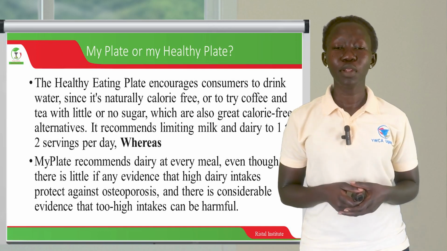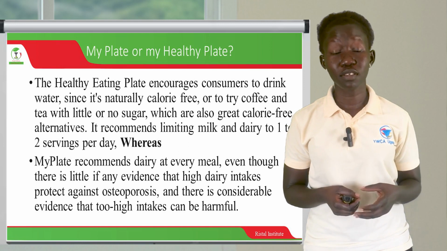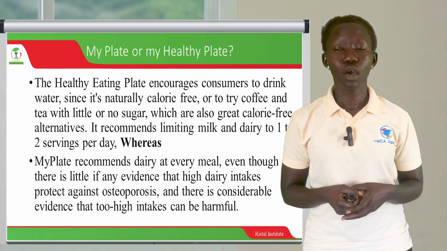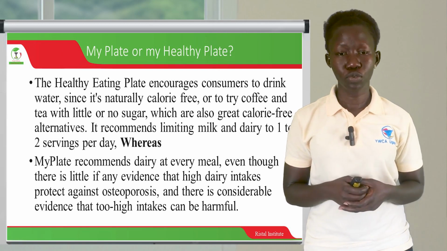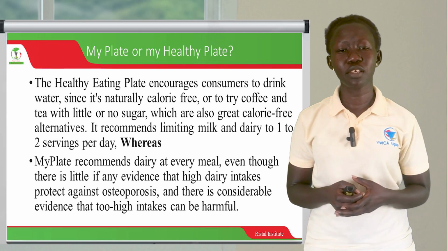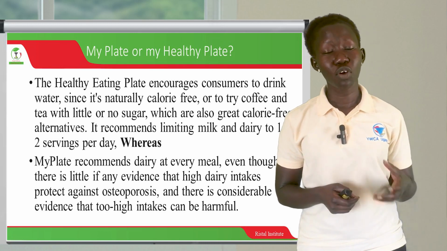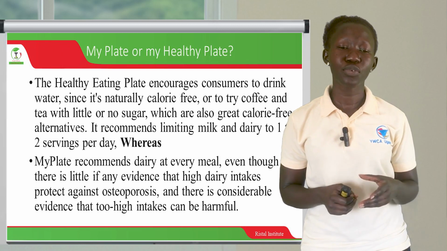The Healthy Eating Plate also encourages consumers to drink water since it's naturally calorie-free, or to try coffee and tea with little or no sugar. This is also a great calorie-free alternative, and it goes ahead to recommend limiting milk and dairy to 1 to 2 servings per day.